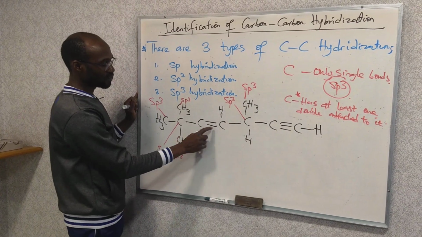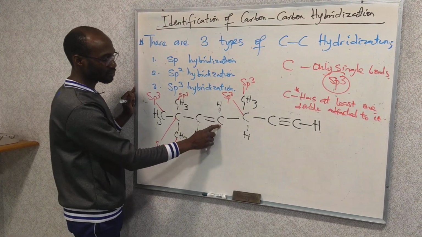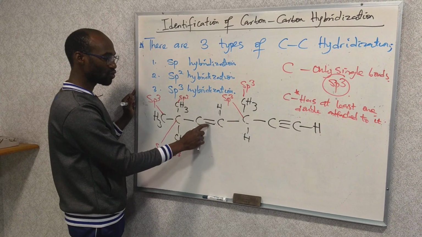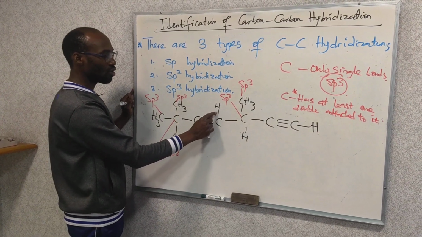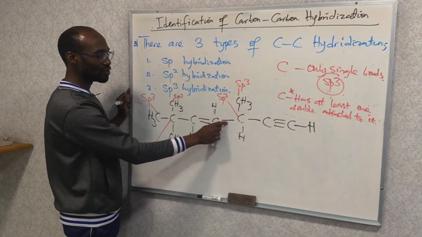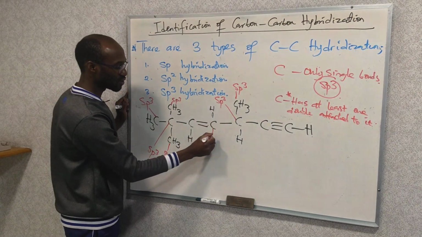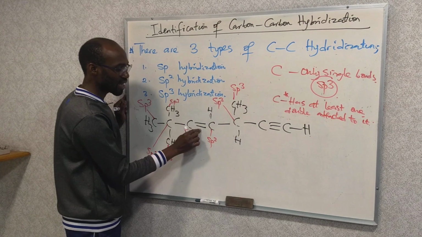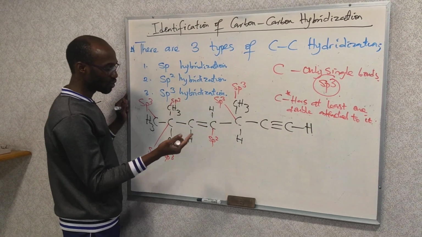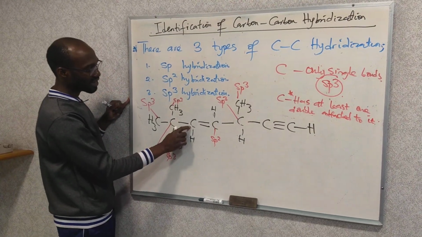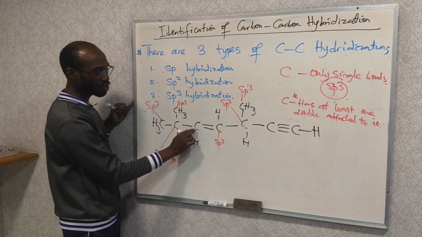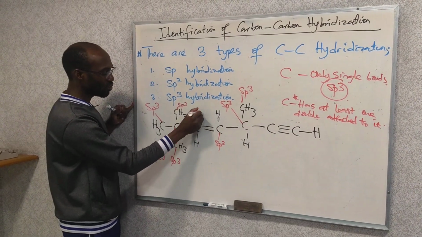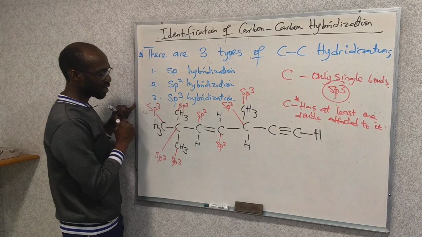This carbon on the left has a double bond, and the 2 remaining bonds are single bonds. So this cannot be sp3. This is sp2 because it has at least 1 double bond attached to it and no triple bond. Look at this carbon as well. It has at least 1 double bond attached to it, no triple bond. So it's sp2 hybridized.